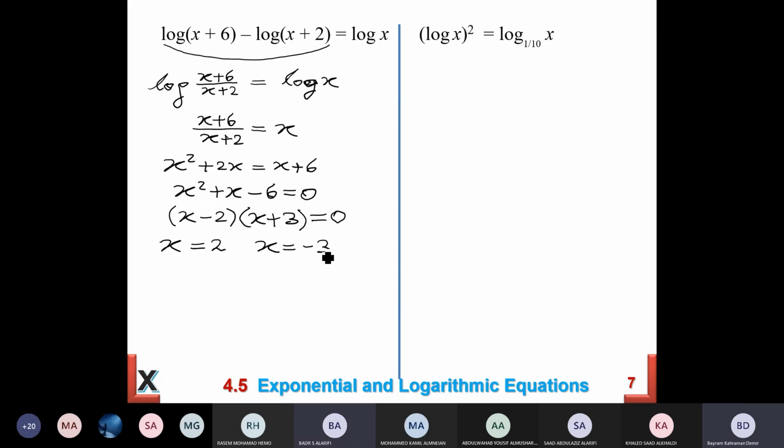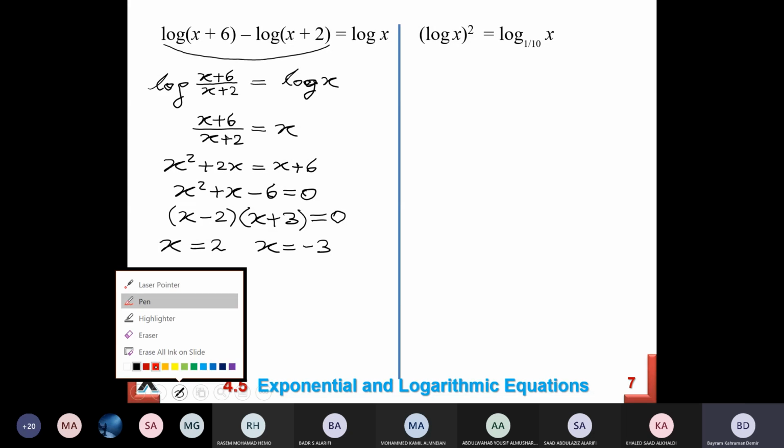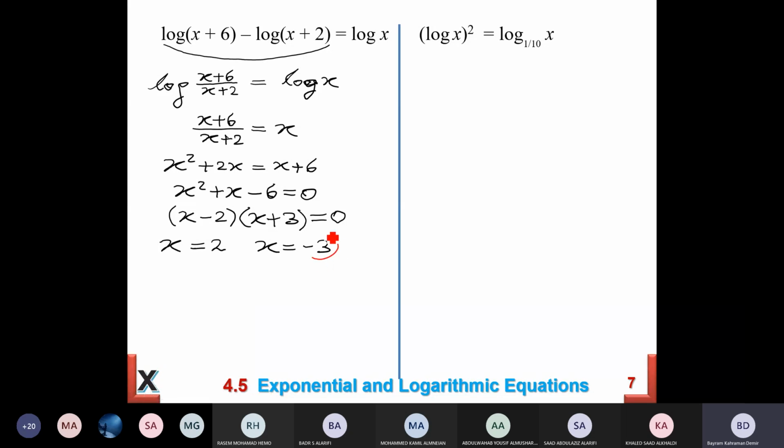Negative 3 is rejected, because I cannot replace x with negative 3 here and also here. Both of them will give you logarithm of negative numbers, which is undefined, of course. So negative 3 is rejected, but the 2 is okay. So 2 will be fine.